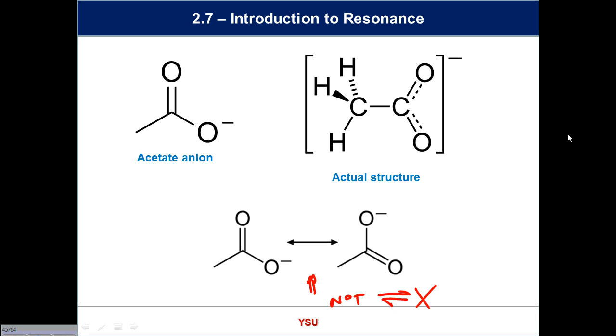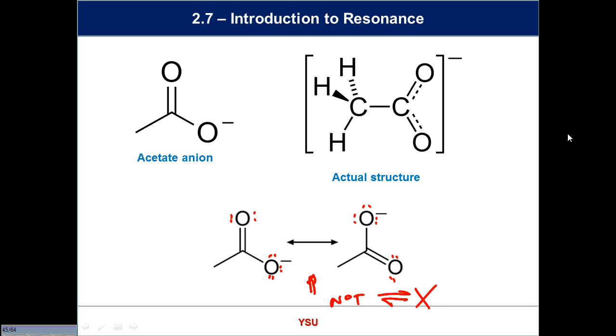The system here is not jumping between 2 pictures. These 2 Lewis structures, the first one is the same as the one above on the left, suggesting that 3 lone pairs live on one oxygen and 2 lone pairs live on the other. The other Lewis structure is suggesting that now we have 3 lone pairs up there and 2 lone pairs down there. Not what's happening at all. This is the best we can do on a piece of paper. This is to show where the electrons can be.